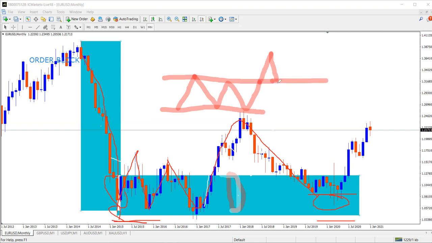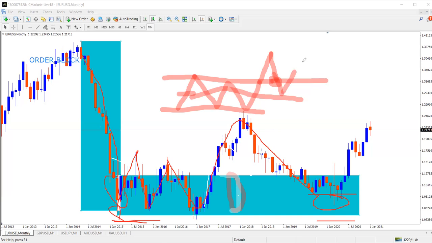But definitely there will be a bearish candle around this area, so we expect price to push up and then come back to respect that candle.